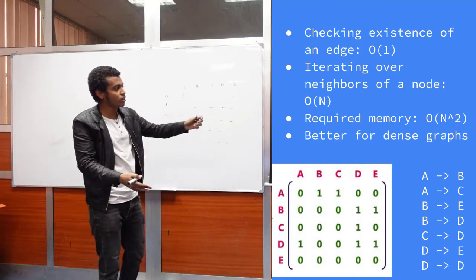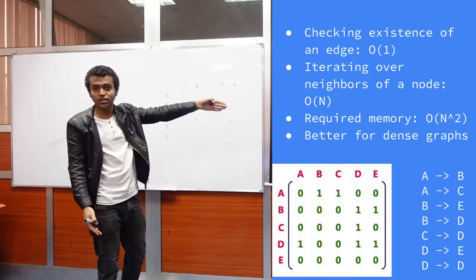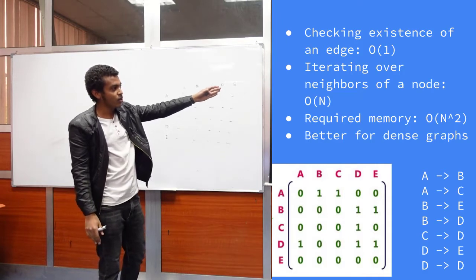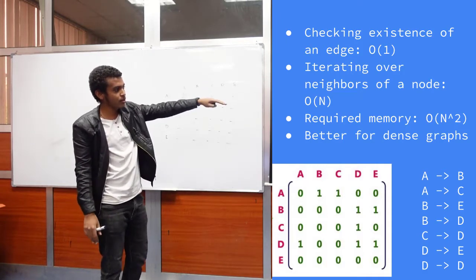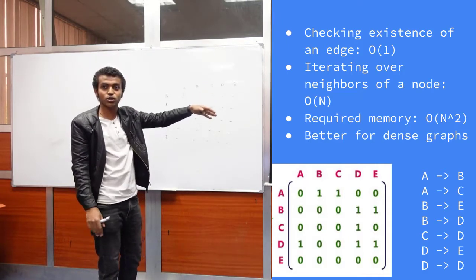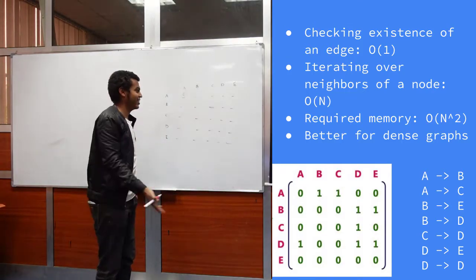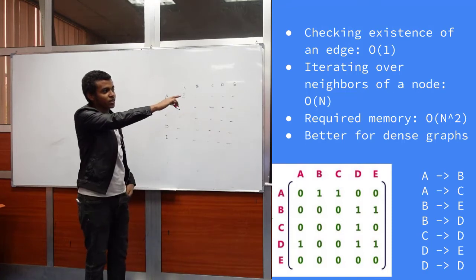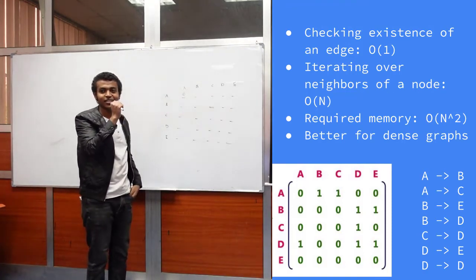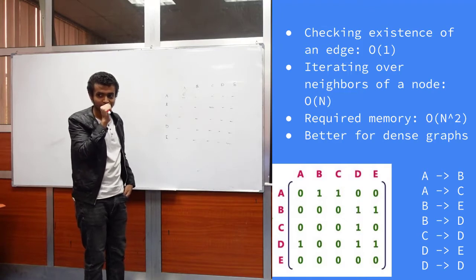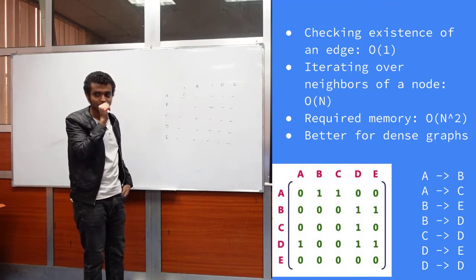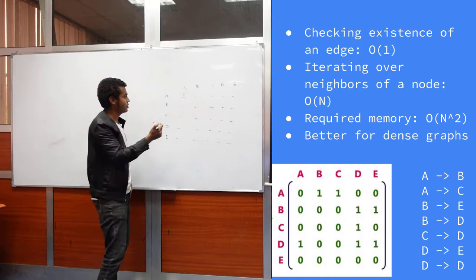Or we could just go over the edges and fill all of the cells representing the edges with 1 and the others with 0. So which cell represents AB? Which cell represents AB, on the intersection of A and B? Exactly. So this one, right?